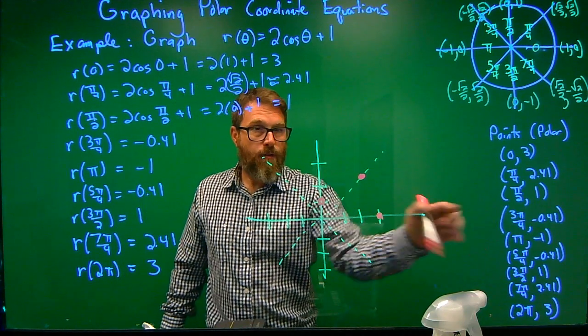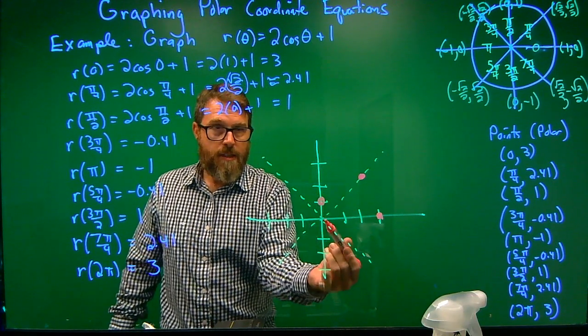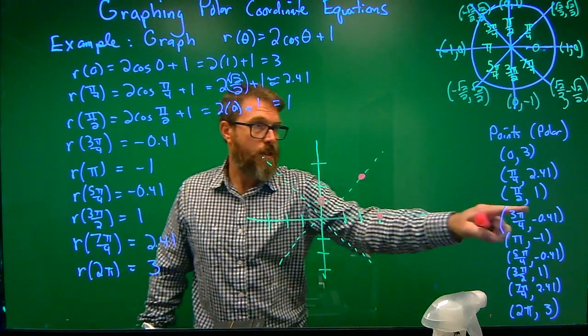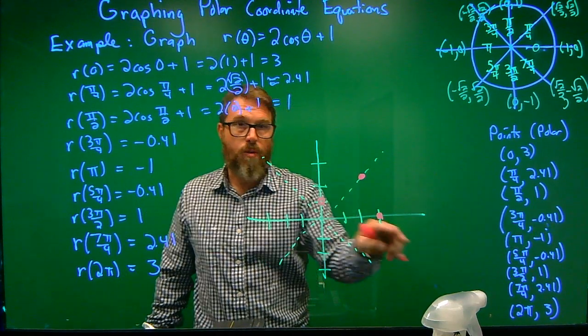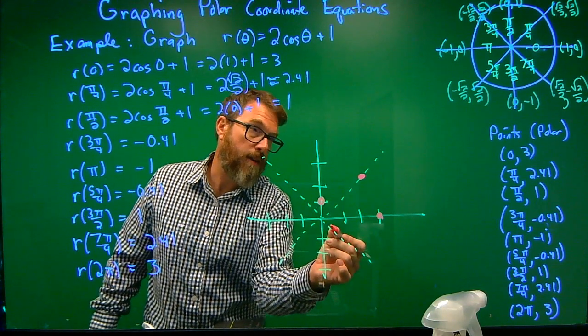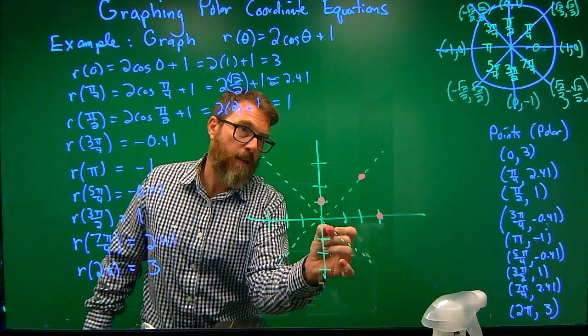At 3 pi over 4, which we know is this angle, instead of going 1 in its angle direction, what this gives us is negative 0.41. So what we're going to do is we're going to go this way. So at this angle we're going negative, so it's going to be about right here.